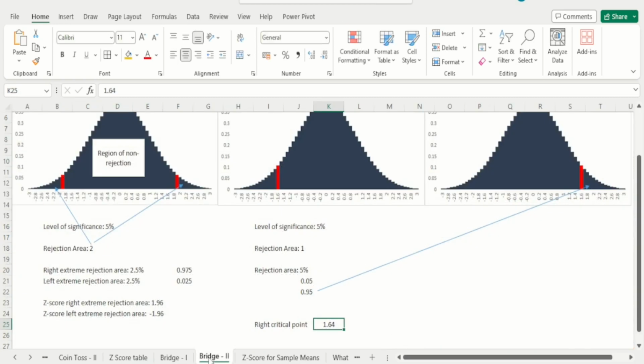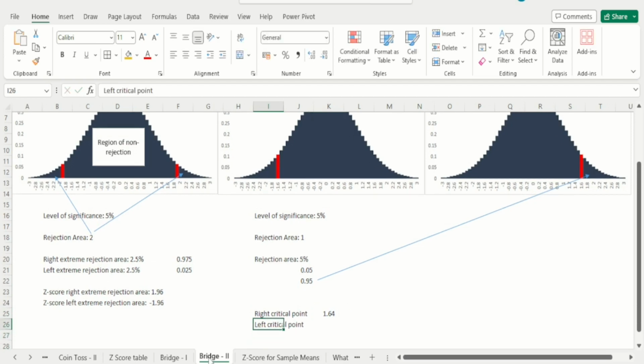So that's our second critical point. If you're doing a left single tail test, your left critical point is going to be minus 1.64.